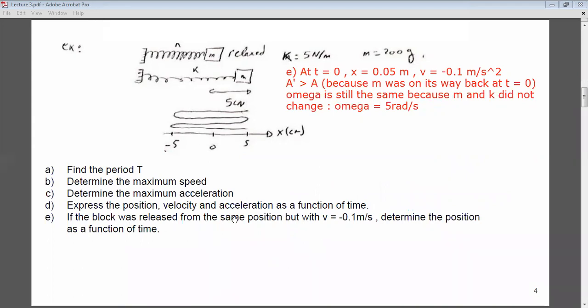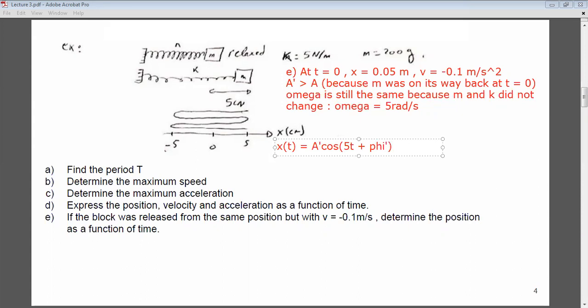So if the block was released from the same position, but with V equal minus 0.1, determine the position as a function of time. So here I have to start by saying x of t is equal to this new amplitude cosine of omega t plus phi. This phi is also the new phi.